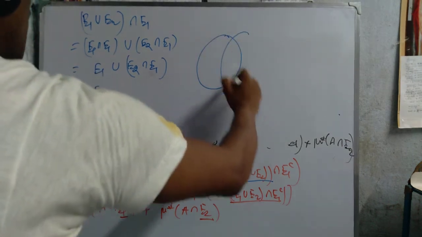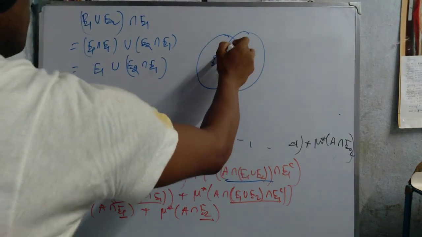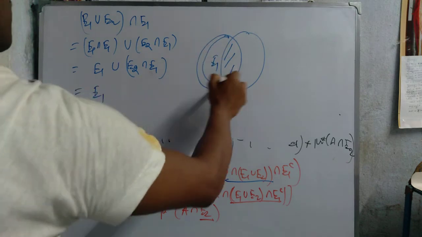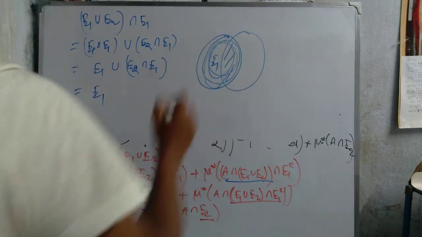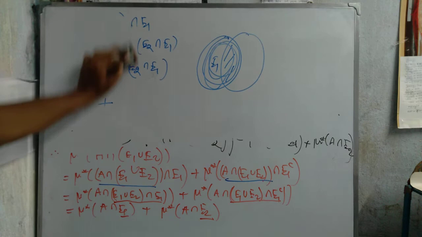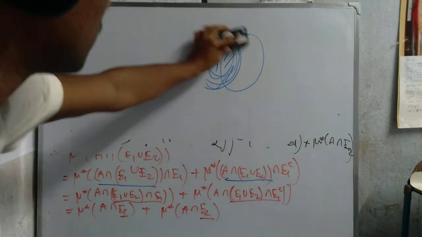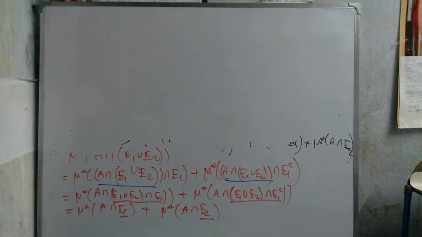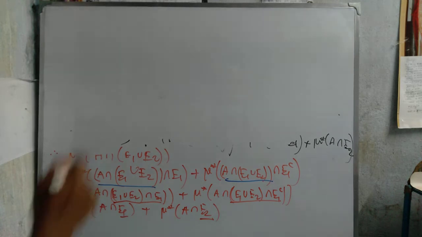Same thing, E1 and E2 intersection E1, then union equal to what? This one. Next, going to further discussion of another set property.